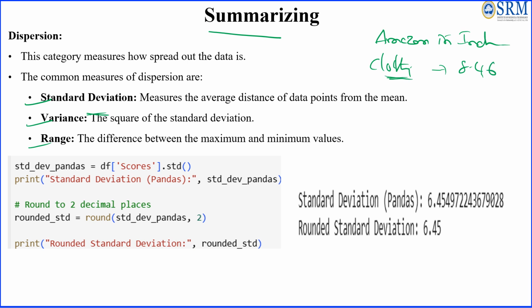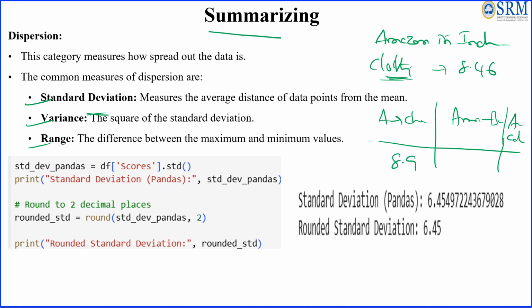But if you want to find the same clothing sales city-wise, for example Amazon sales in Chennai, Bangalore, or Calcutta, these are the three domains you have taken. If you find the standard deviation, it will be 8.98 or 8.66 or 8.84, like that.